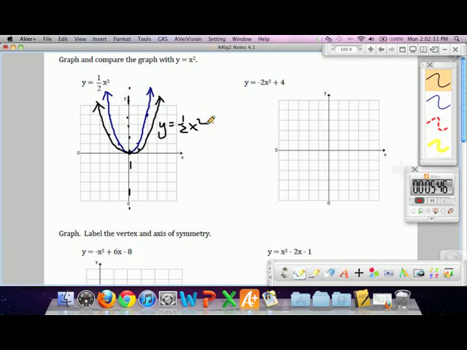The comparison would be, well, we said it's a vertical shrink. It said shrunk by a half, so we'll shrink it down by a half. You did not need to draw that original graph, the blue one, but when we're starting out, it's not a bad idea to have a visual of how it's changing.